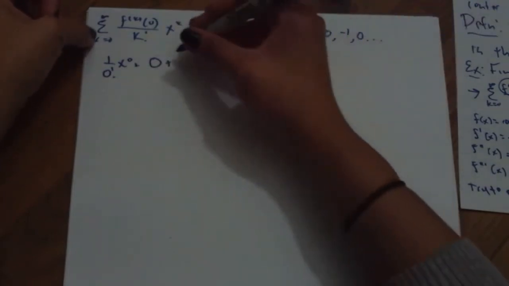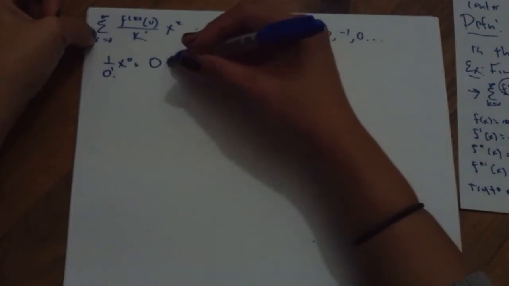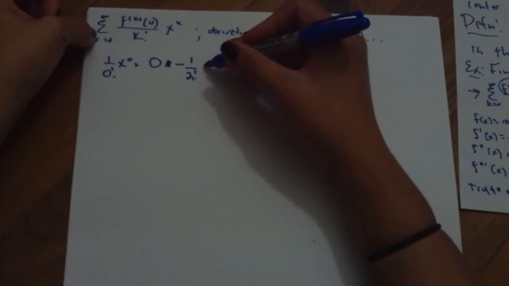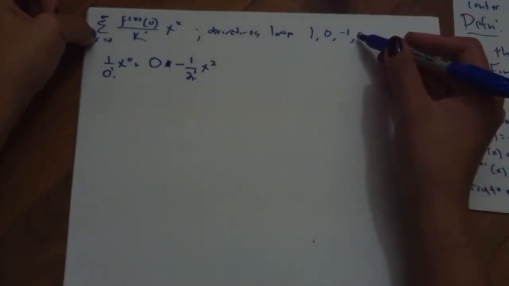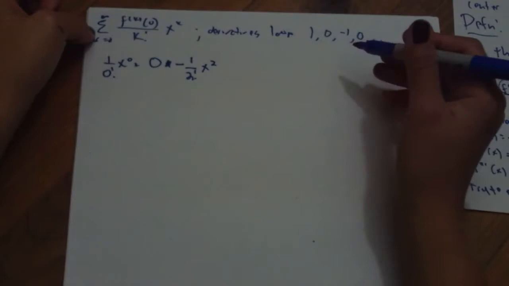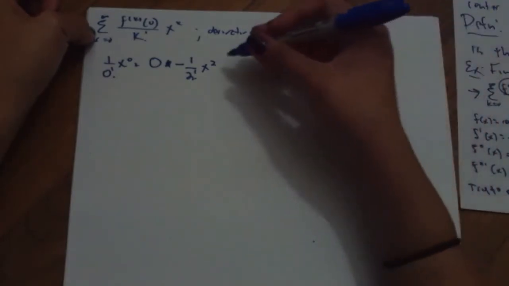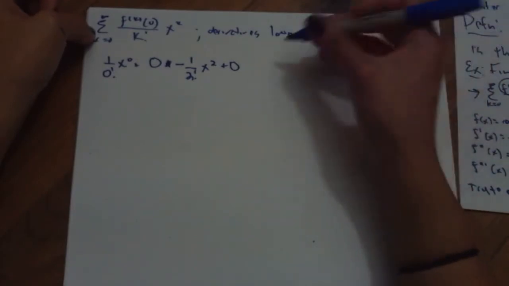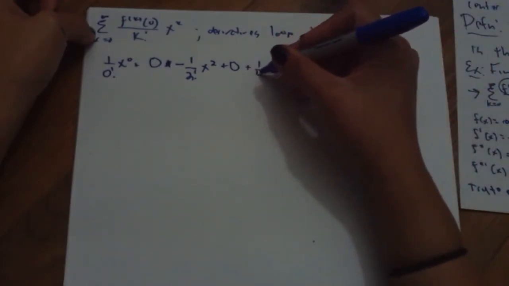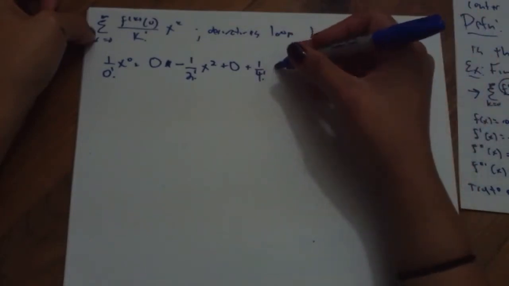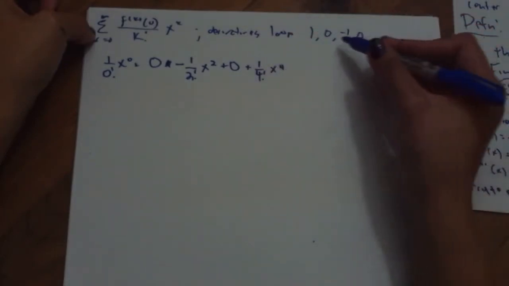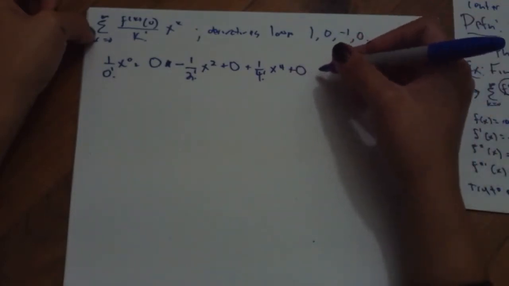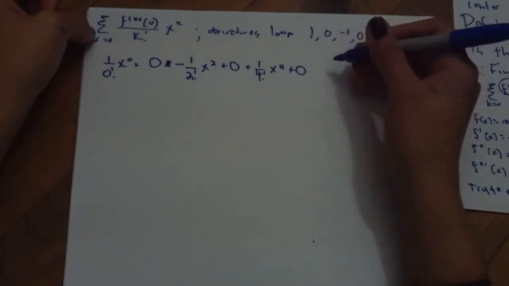If I plug in k equals 2, this is going to be minus 1 over 2 factorial, x to the 2. If I plug in 3 for my third derivative, I'm multiplying everything by 0. And then this is going to loop, right? If I plug in 4, this is going to be plus 1 over 4 factorial, x to the 4. If I plug in 5, we're looping back again. So this is 0. If I plug in 6, that'll correspond to this guy.